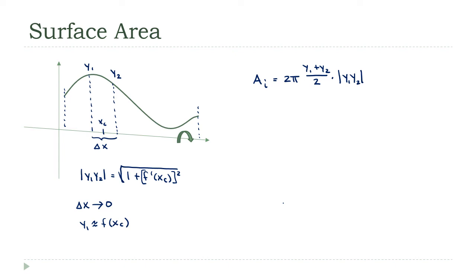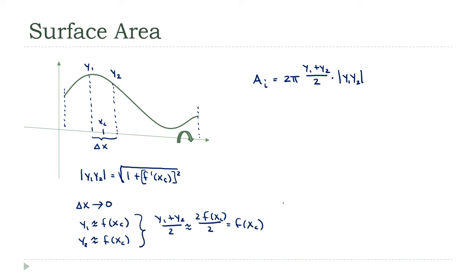Those y values start to get really, really close together. And also y2 is approximately f of x sub c, which means that (y1 plus y2) divided by 2 is approximately 2 f of x sub c over 2, which is just f of x sub c.